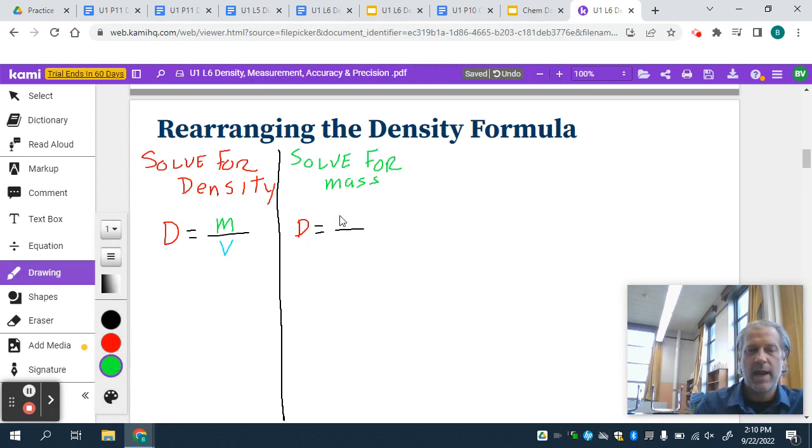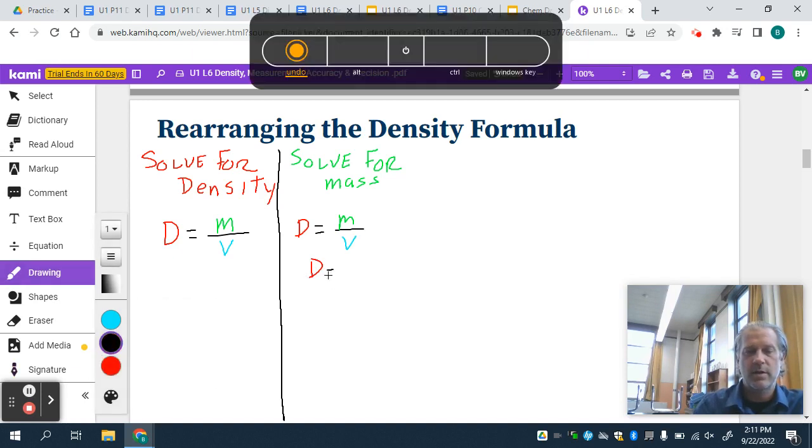Now, I'm going to rewrite this because that's my starting point, as we start to change some stuff around. So again, we have density is equal to mass over volume.